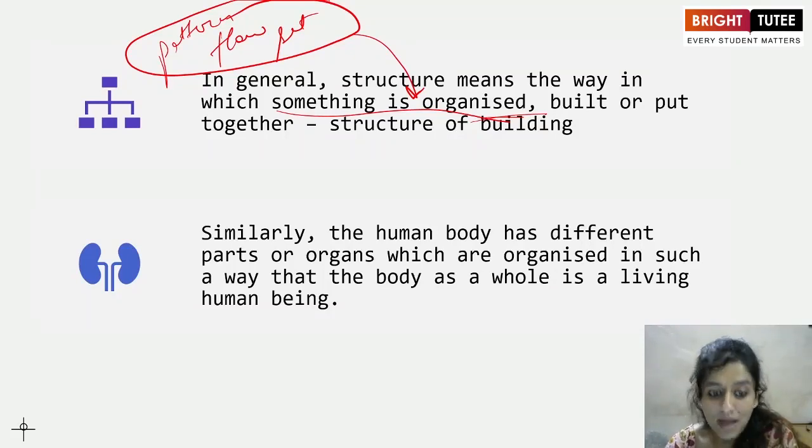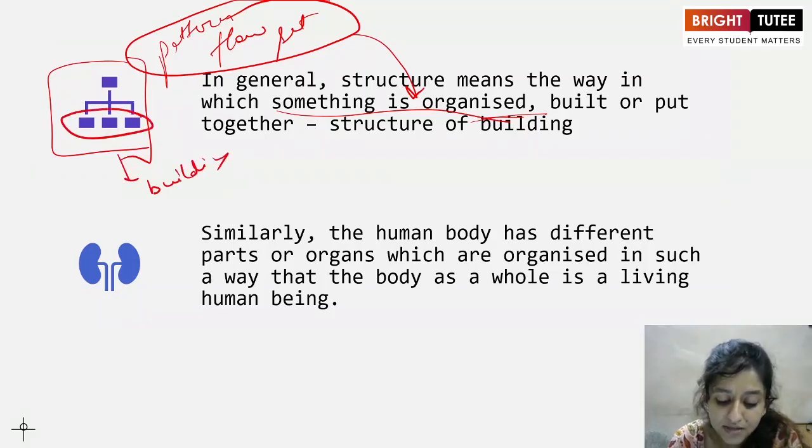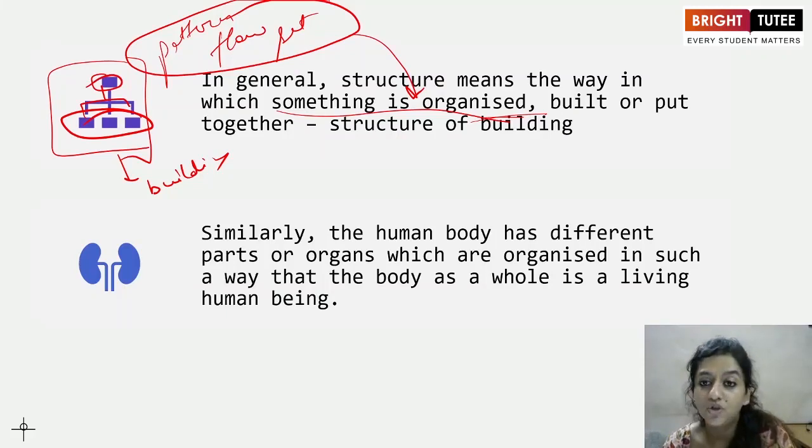A very normal example that I've tried to show in here is the structure of a building. It requires a base, a strong base on which the building can be set up, right? So that is what the structure is.